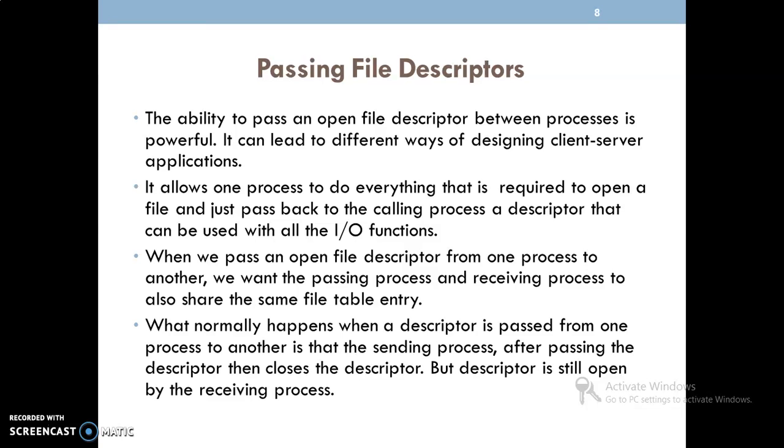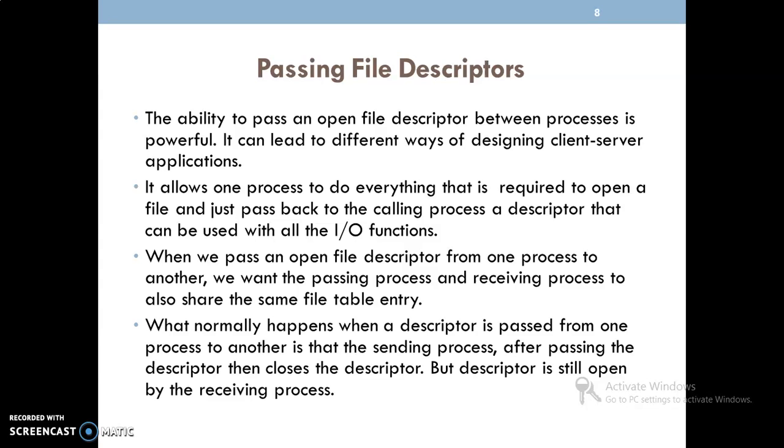The next point: when we pass an open file descriptor from one process to another, we want the passing process and the receiving process to also share the same file table entry. I will discuss shortly what that concept is. In the Unix concept we are using the vnode table, that is, the inode table, sorry.